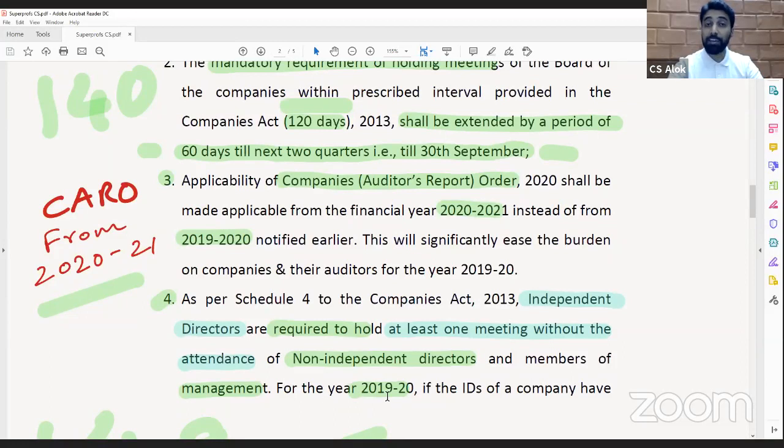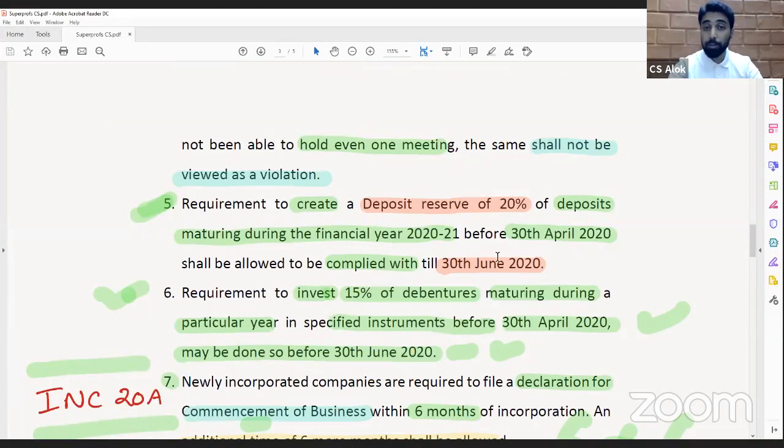So for the year 1920, if the independent directors have not been able to hold even one meeting till now, and if they already held, no problem. But if somebody has not been able to hold, the same shall not be viewed as a violation. So even if this is a mandatory law, if you have not been able to do it, and in March this lockdown came, if you don't do it, it's okay. Mafi, basically, no problem.